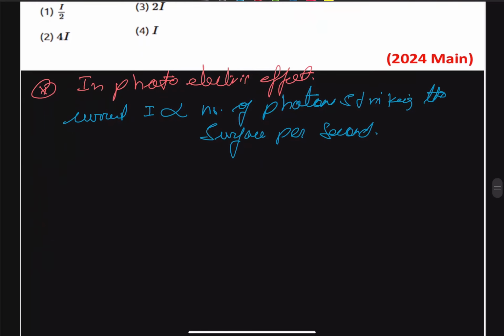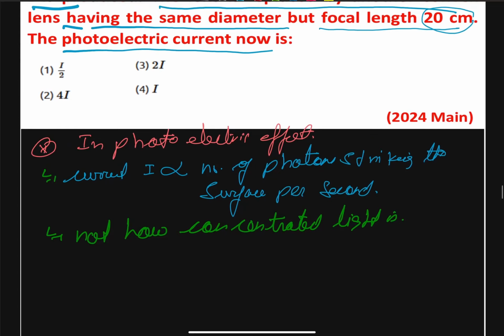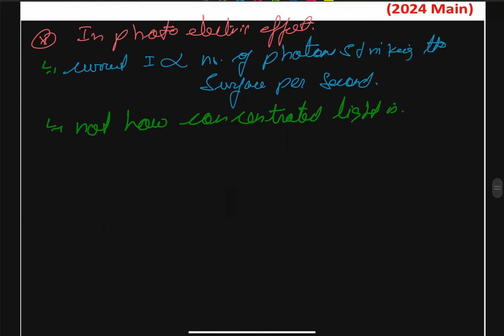And we can also write that it is not how concentrated light is. So therefore, the intensity of the light is going to remain same. That the option A4 is the correct one. 4 is correct.